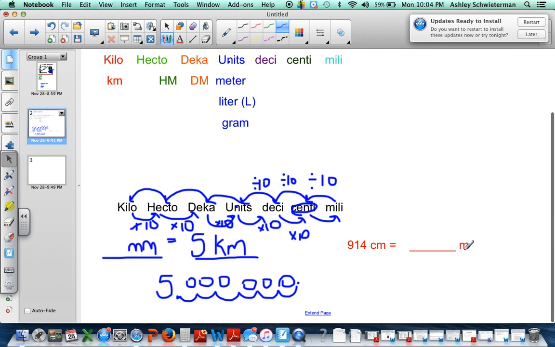And I am going to the units because it just says meters. It doesn't have a prefix. So I'm going from here to here. So I'm moving right here, and I'm going to the left 2 places. I locate my decimal, and since I'm dividing by a power of 10, my number is going to get smaller by 2 decimal places right there. 9.14. Or I could have taken 914 and divided by 10 2 times, and that's what I did.